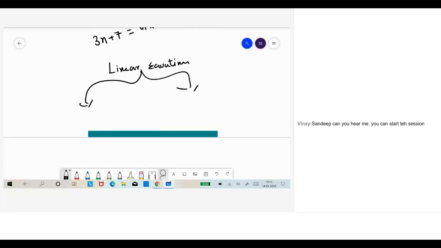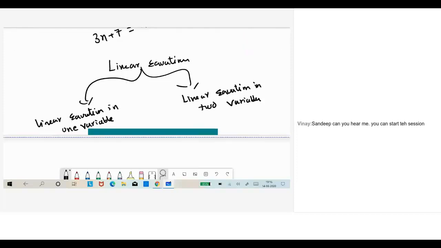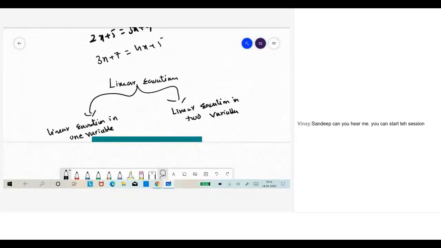Generally, when you talk about linear equations, they are of two types.